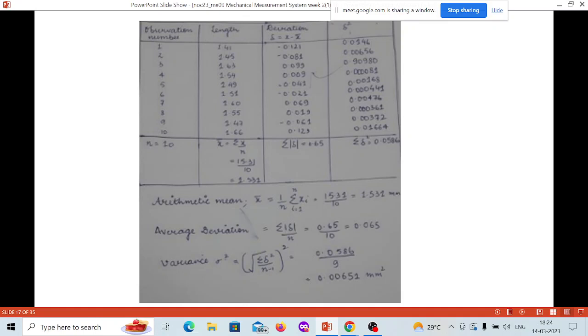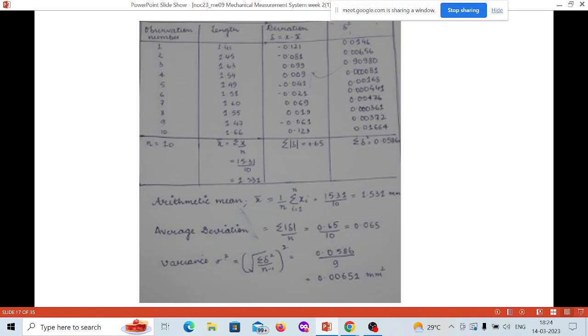So the deviation is the measured length minus the mean value, 1.531. The first one is 1.41 minus 1.531, which gives minus 0.121.